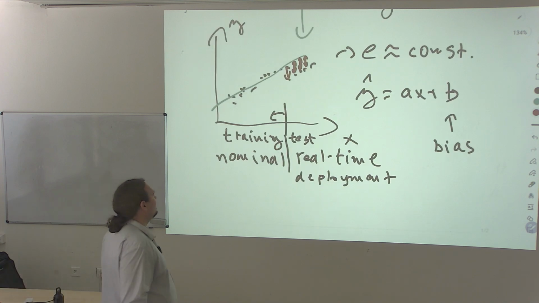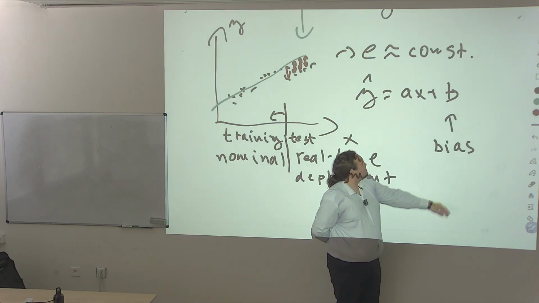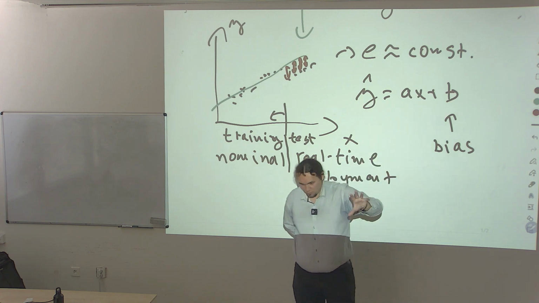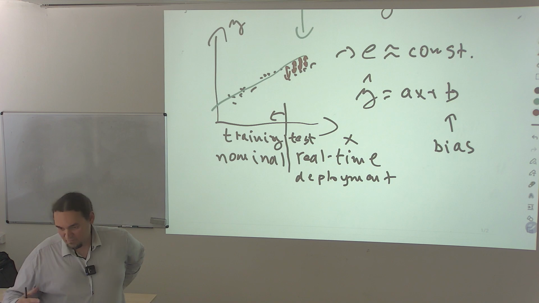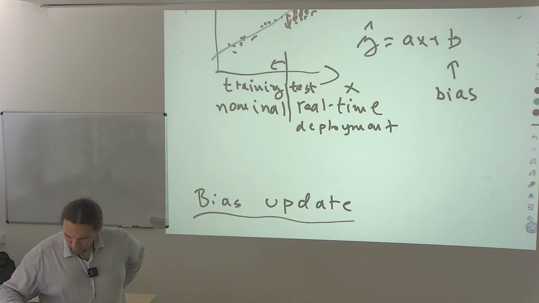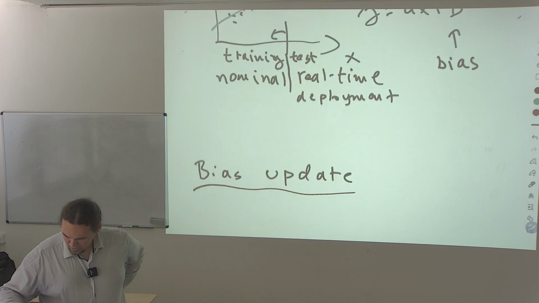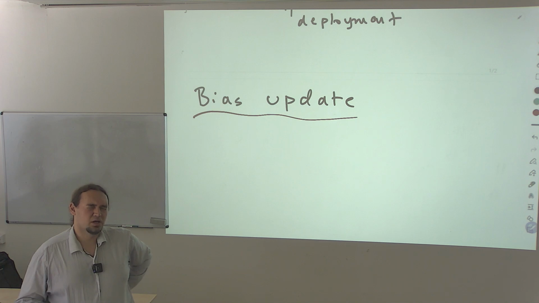If they use some model of this type, they wouldn't like to change the slopes, the dependencies, because, let's say they are verified. But if we should change the bias, how can we approach this?